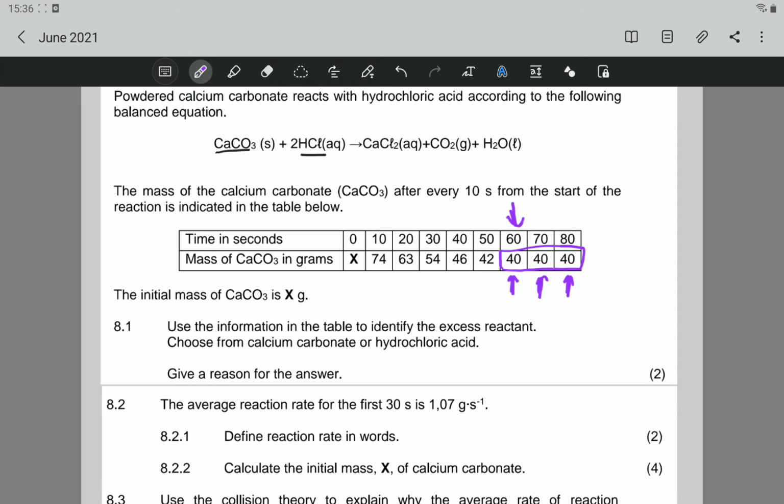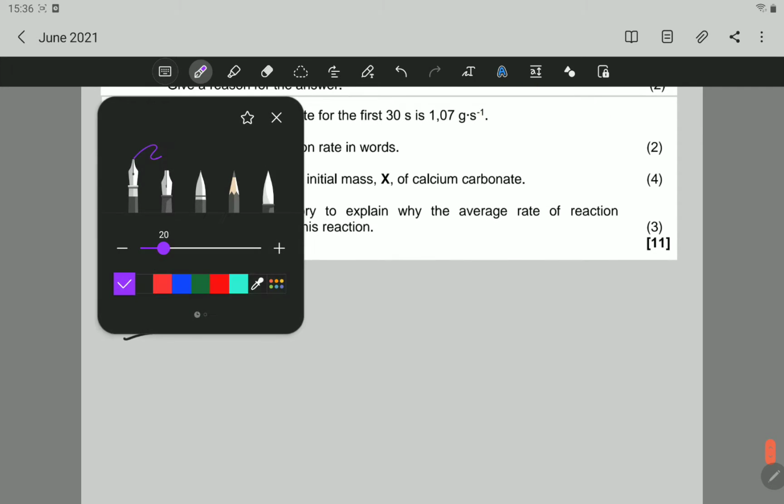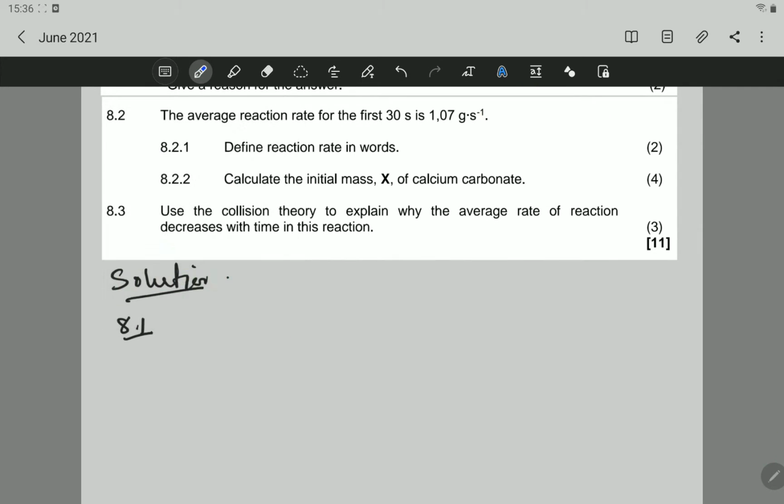The hydrochloric acid was done. That is why the mass of the calcium carbonate stopped decreasing right there and stayed constant. So the limiting reagent is hydrochloric acid, or the excess reagent is the calcium carbonate. I'm going to write CaCO3.